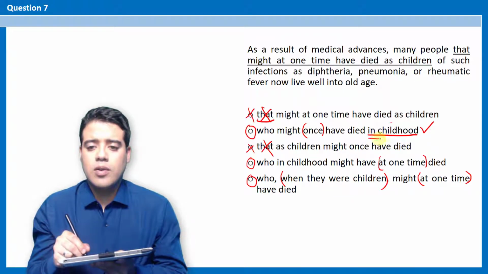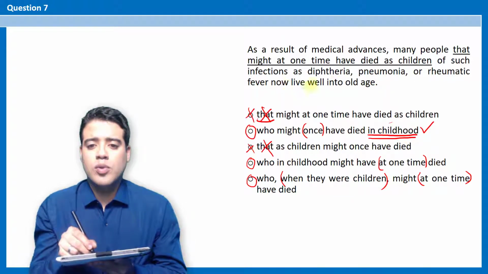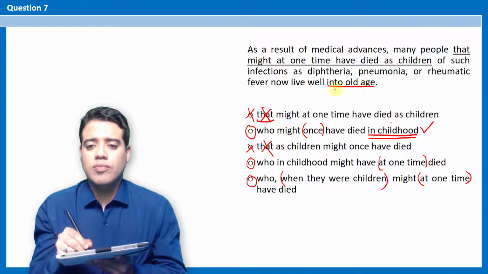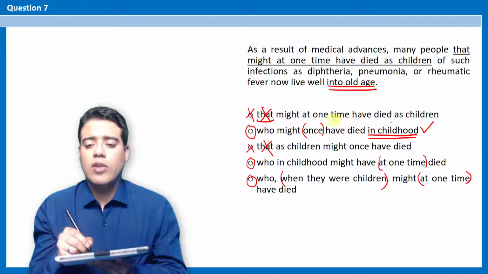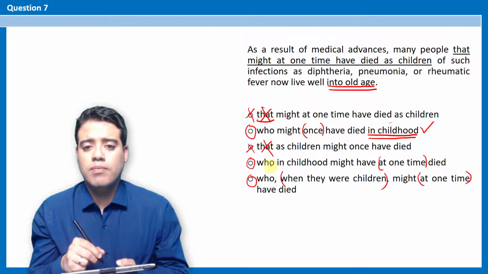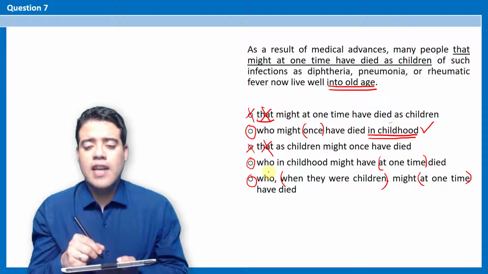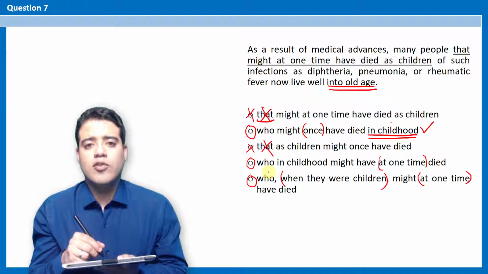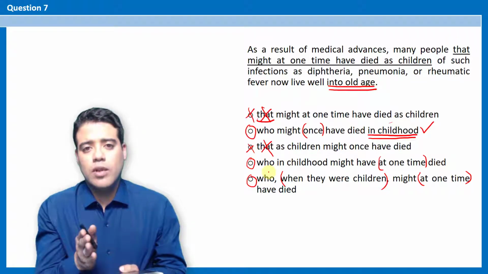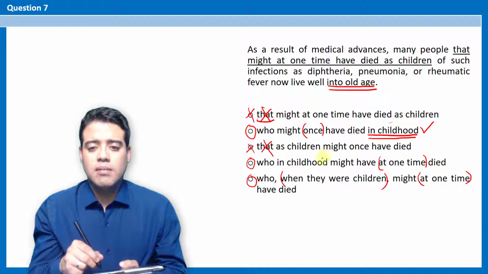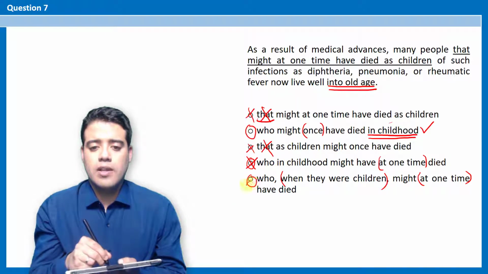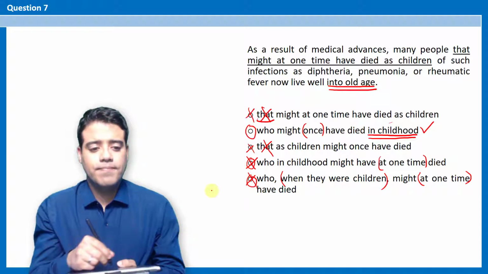Also, in childhood is parallel to the last part of the sentence, into old age. So in childhood and into old age are parallel. You're saying that people who might once have lived in childhood now live well into old age. In childhood, into old age. See the parallelism? B is better, shorter, more concise. We eliminate those 2. Okay?